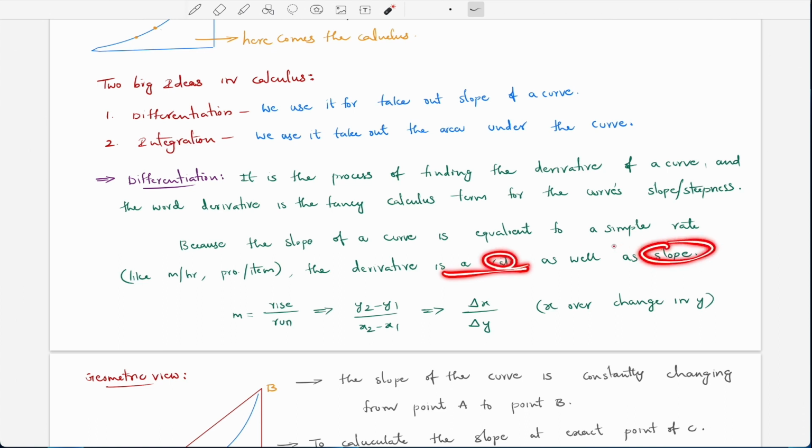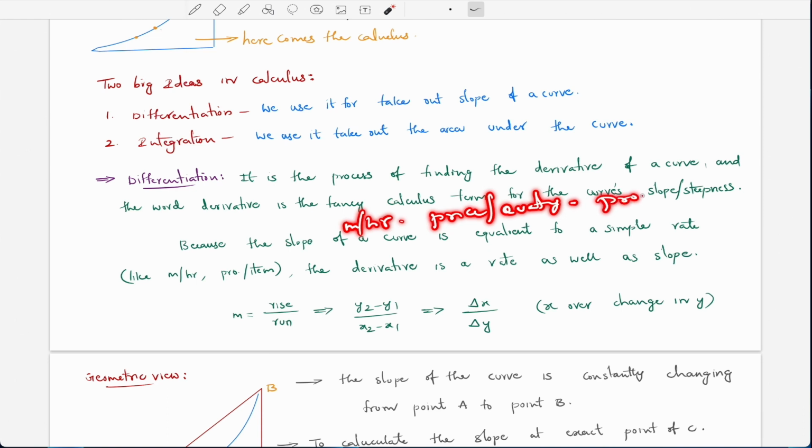I hope you're getting it. So if we have a relationship like meters per hour, price per quantity, or product per item, these kinds of examples, the derivative is like a rate and also a slope.